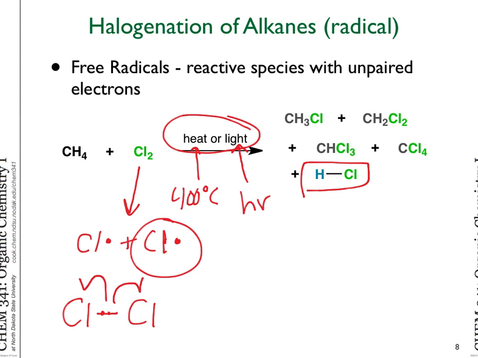The main reaction product is, in this case, chloromethane. But if you really look carefully, you'll see traces of other things present when you do this reaction. You'll see dichloromethane and trichloromethane and even some tetrachloromethane. Okay, so all those things do get produced, although this is the major one.